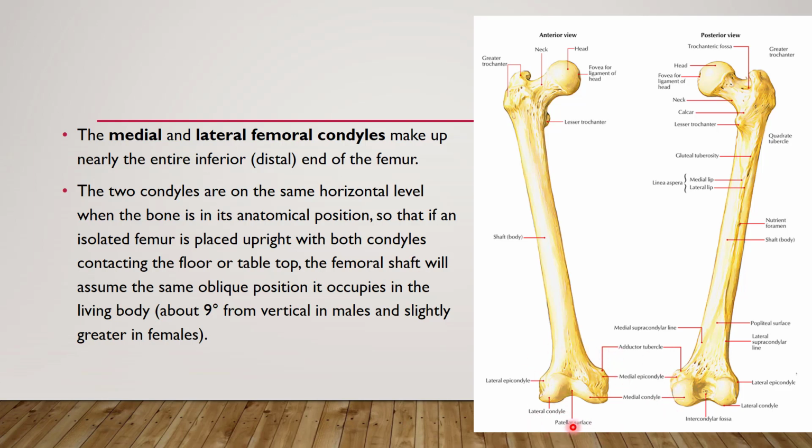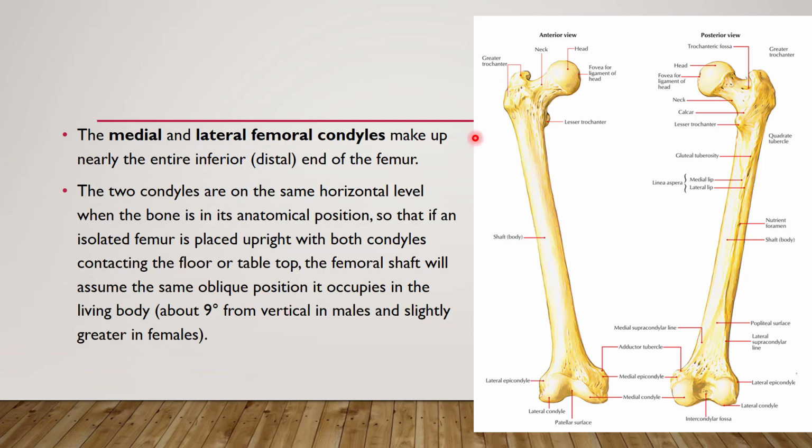The two condyles are on the same horizontal level when the bone is in the normal anatomical position, so that if an isolated femur is placed upright with both condyles contacting the floor or tabletop, the femoral shaft will assume the same oblique position it occupies in the living body, about 9 degrees from the vertical in males and slightly greater in females.